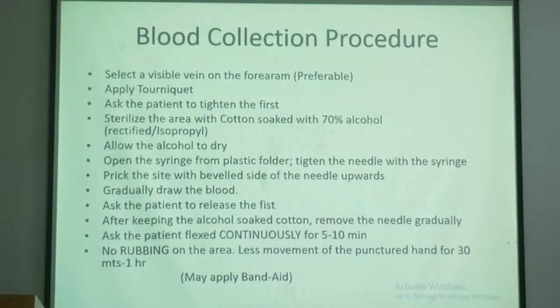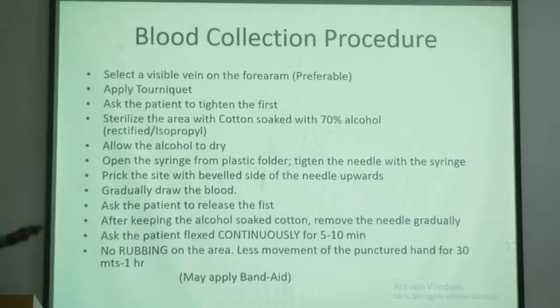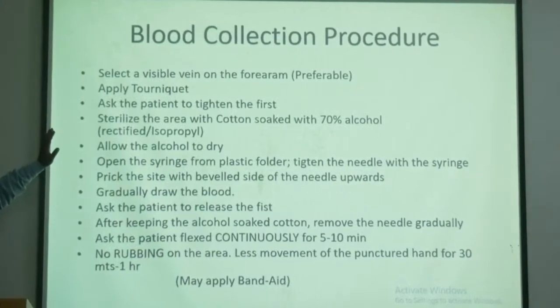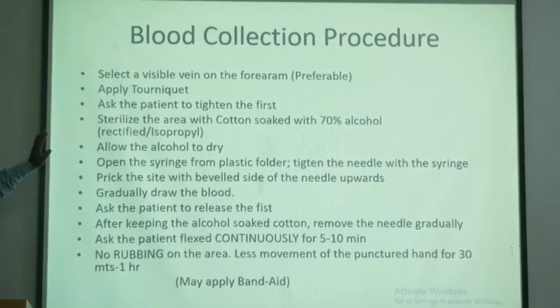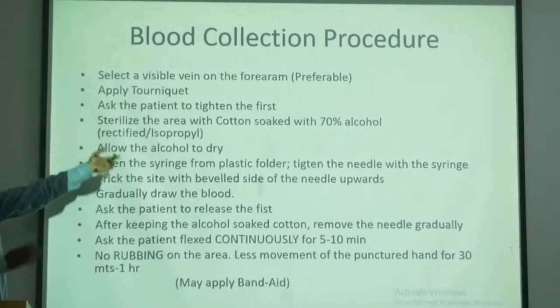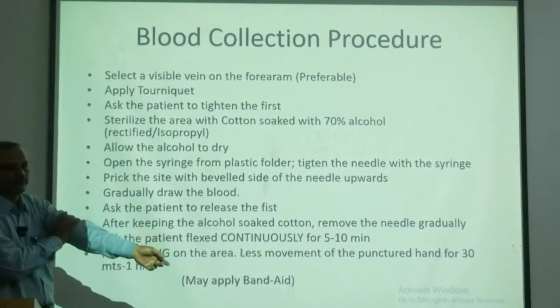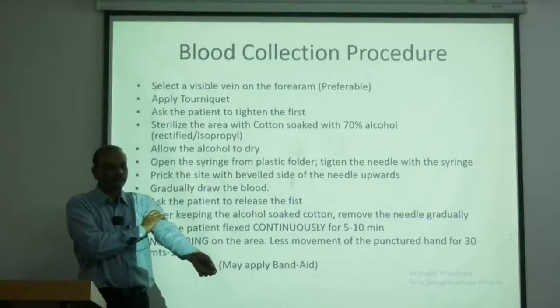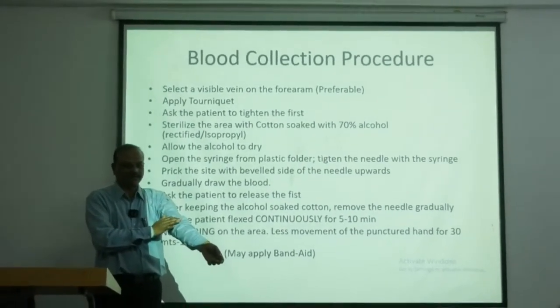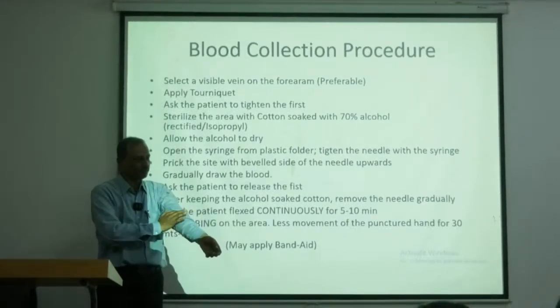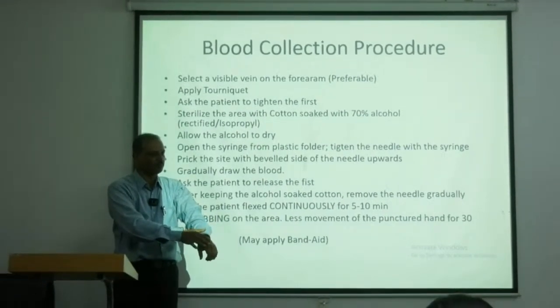As a doctor you must know, just to save time, I am telling you this, note down, try to remember all these points. Select a visible vein on the forearm. Why forearm? Because the pain in this area is less. The more you go towards the middle area, there will be more pain.